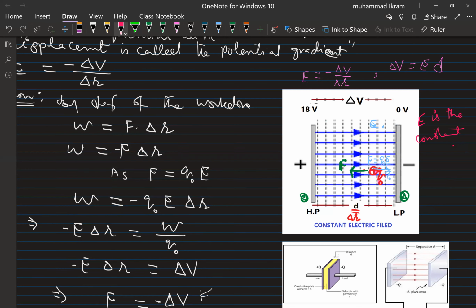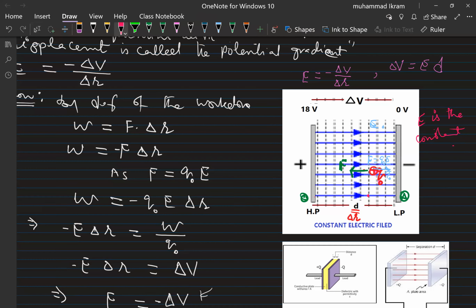If you decrease the distance delta R, for example if you come here and take this point and this point, the electric potential will be greater. If you increase the distance, the electric potential increases, and you have the same E everywhere. This is for the constant electric field system. But if you choose this point, what happens here? The distance is increased.